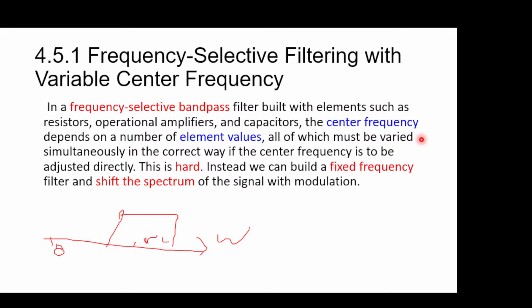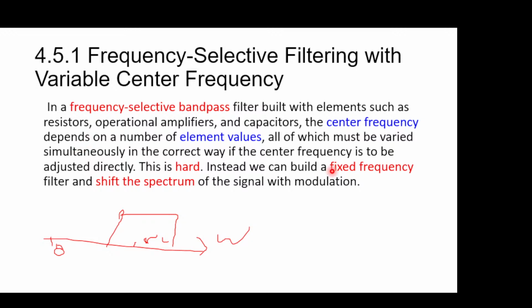If you want to build a frequency selective bandpass filter with usual electrical engineering elements, then it's all those linear elements like a resistor, amplifier, capacitor, etc.